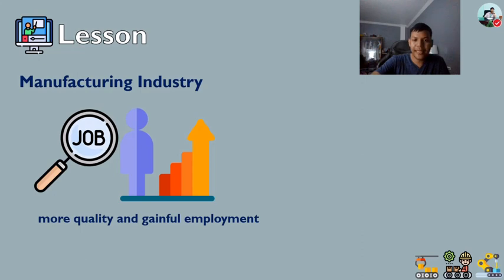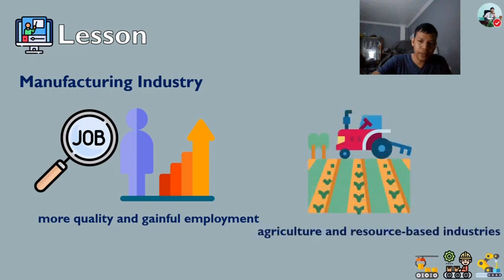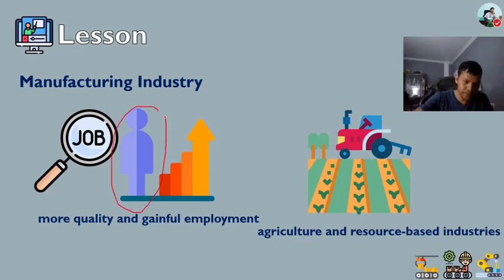And increasing manufacturing activities also have spillover effects of inducing additional demand from, for example, agricultural and resource-based industry. So the more manufacturing industry there is, the more opportunity there is for any person who is looking for a job.